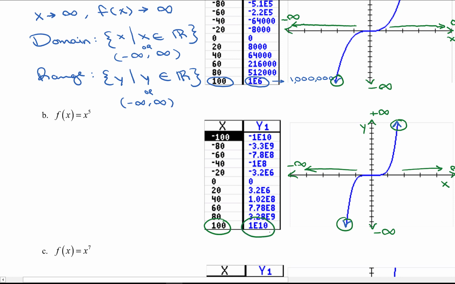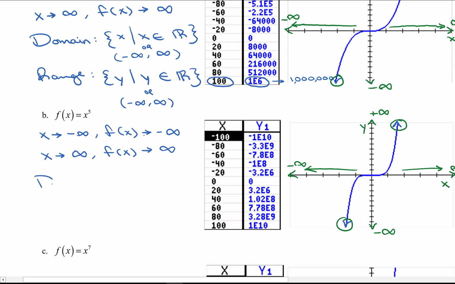So it's starting to make sense. As x approaches negative infinity, f of x is going to approach negative infinity, and as x approaches infinity, f of x is going to approach infinity.